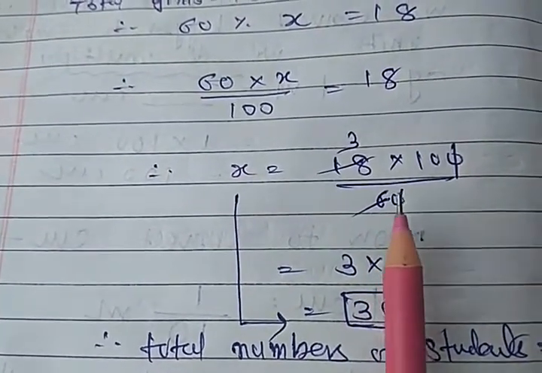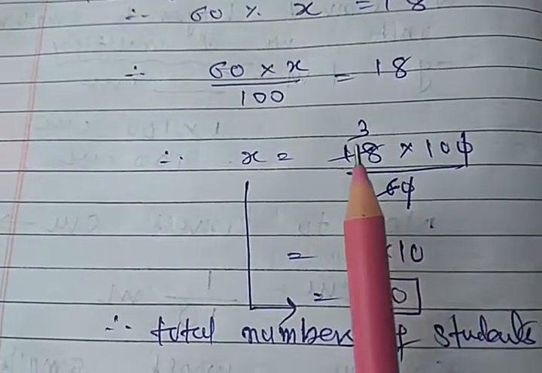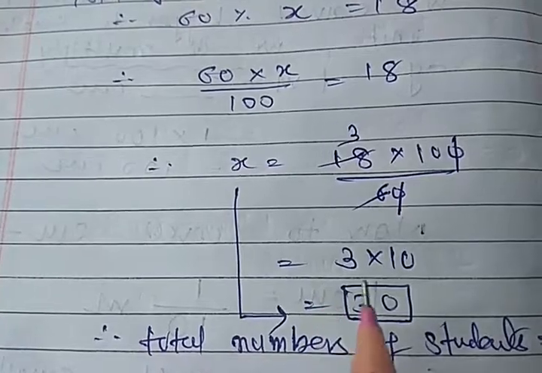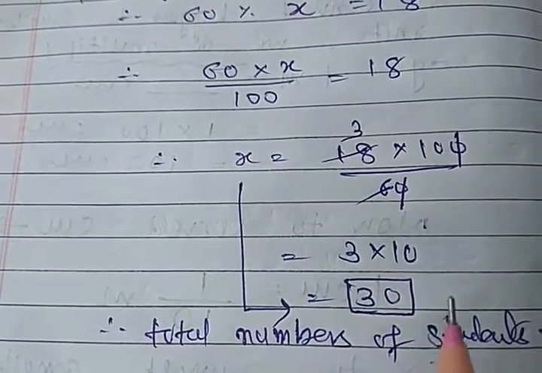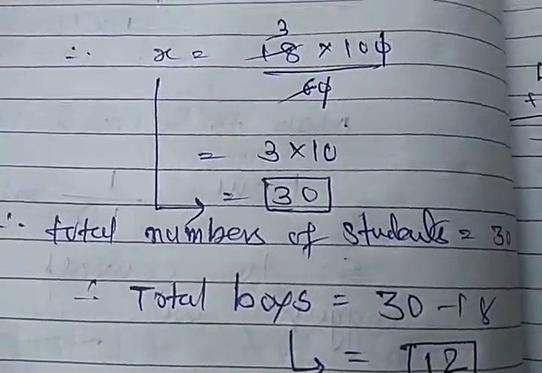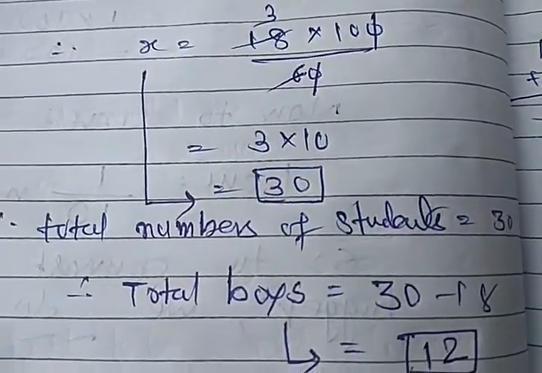Here the zeros cancel, 6 3s are 18, simple simplification. So 10 3s are 30 and the denominator is 1. So we write 30. The total number of students is equal to 30.